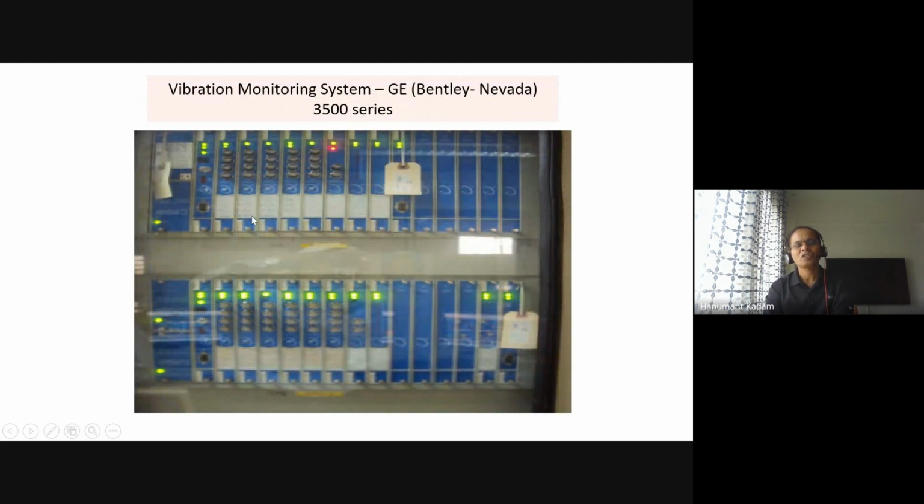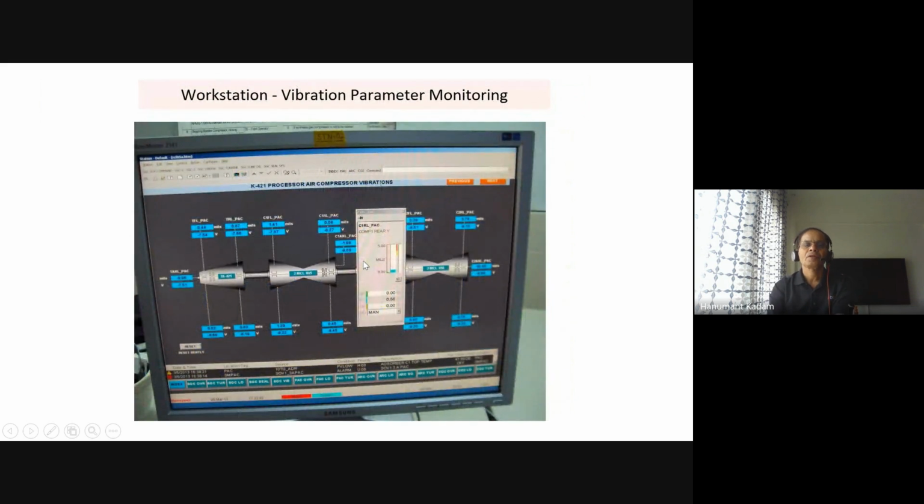So this is dual redundant, meaning the same is here. In case this card fails, electronics fails, this is available. So you can see the similarity here.